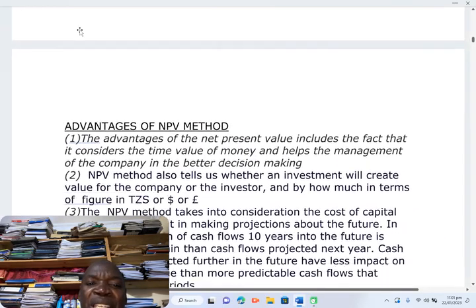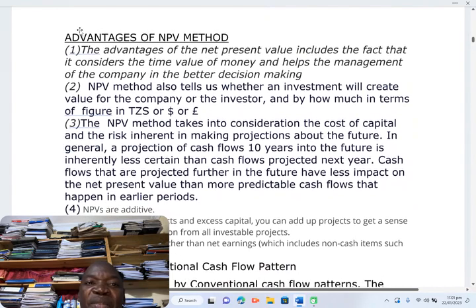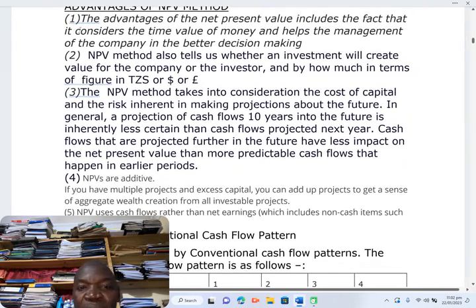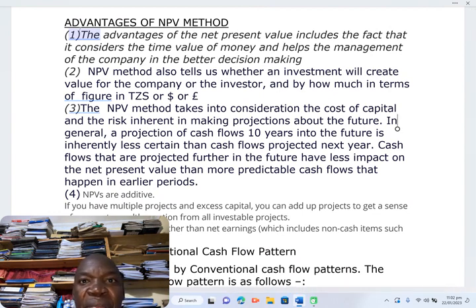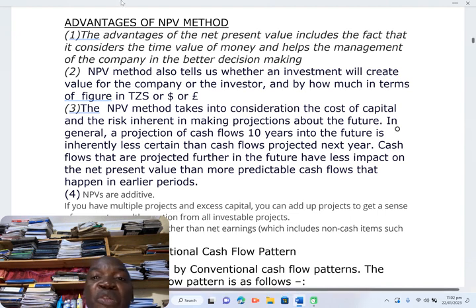Now, what are the basic advantages of this method? Actually, the advantage of NPV is that it considers the time value of money. So that is very important. It considers the time value of money, and it helps the management of the company in better decision making. The one key issue, it considers the time value of money.